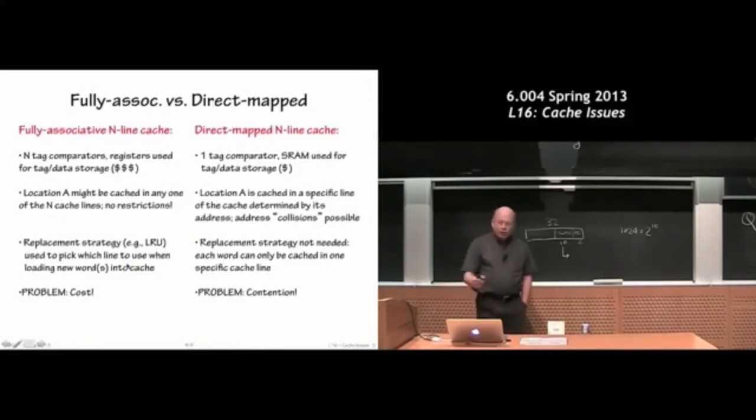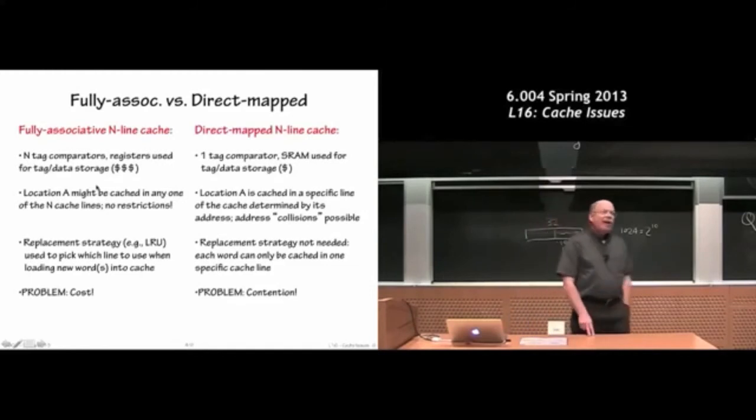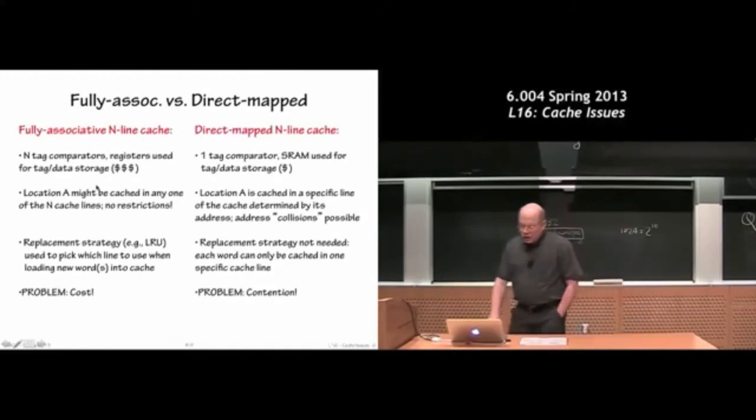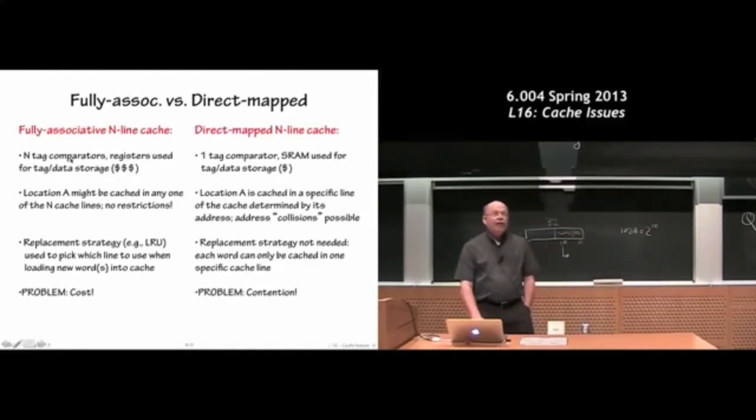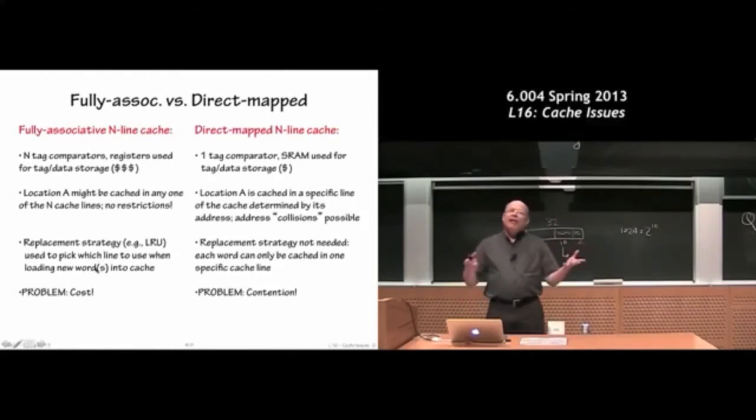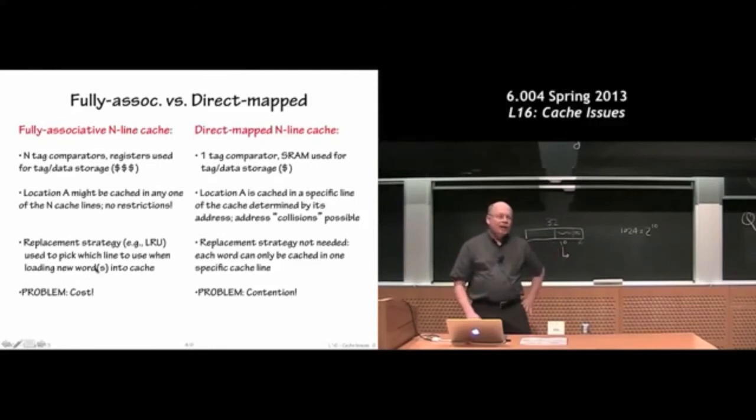Okay, so here are our 2 choices. We have fully associative versus direct mapped as a listing of comparisons. Speaking of comparisons, the number of comparators differs. The search is very highly parallel in the fully associative system. The direct mapped search only looks in one place. For the replacement strategy, every time we bring something into a fully associative cache that can live anywhere, we have to pick where it should live, so we throw away the least recently used item.